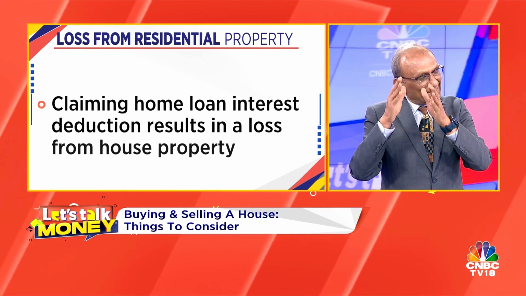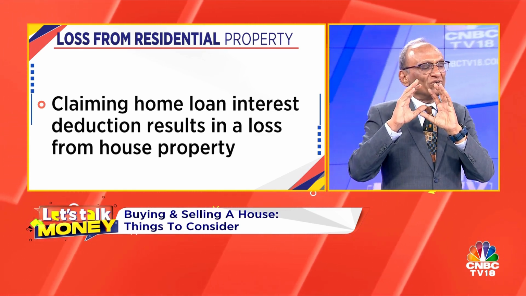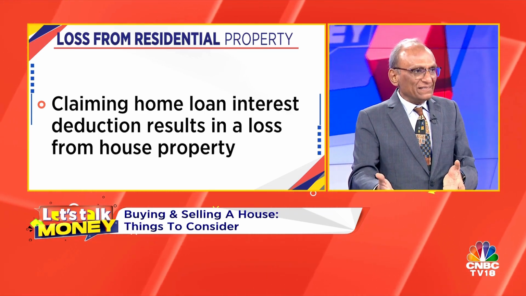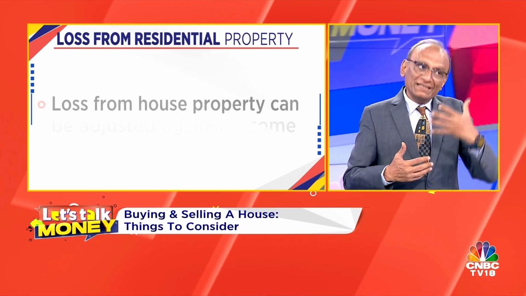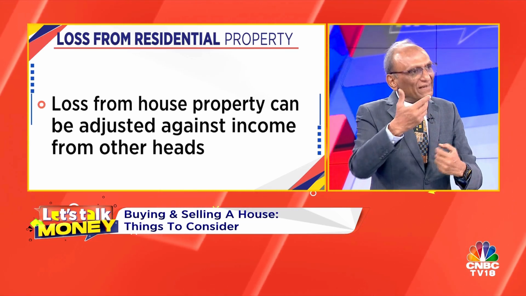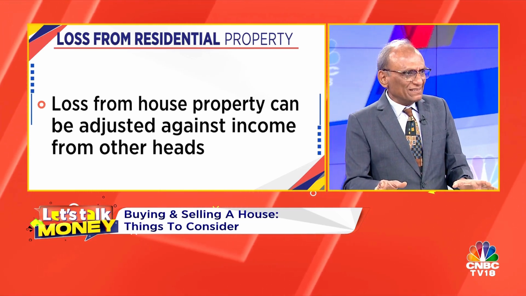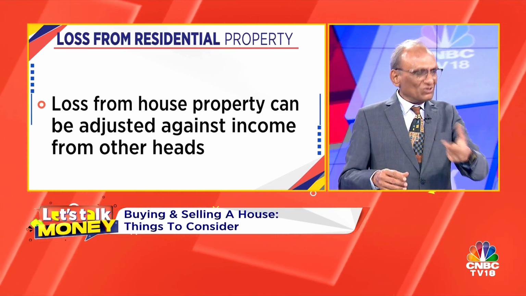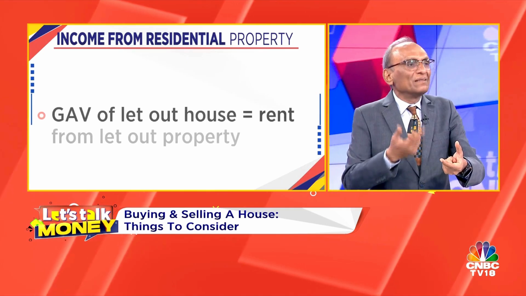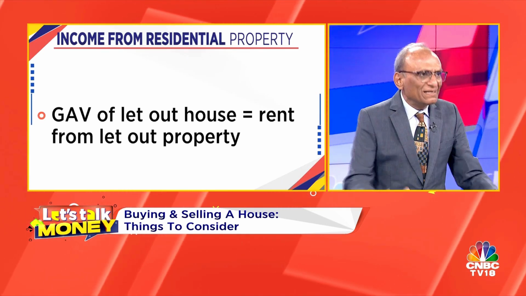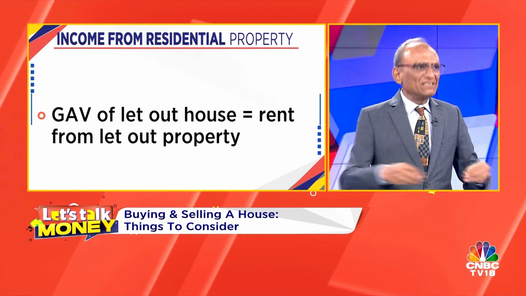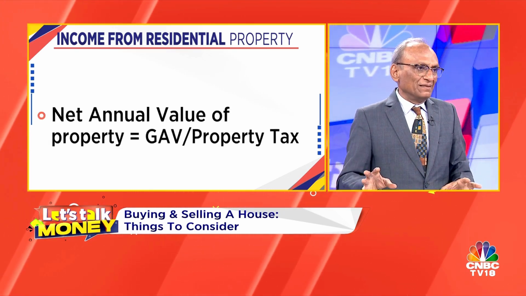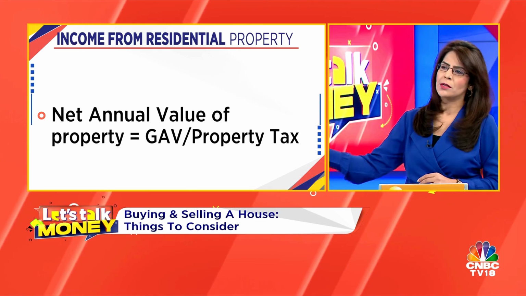In the second leg, we are talking of let out properties, properties on which you're getting rent. There, of course, the rent is taxable. From the rent, you minus the municipal taxes paid for the property. Whatever is the resultant figure, that's called annual value. 30% of that is allowed as a standard deduction for all expenses incurred to manage the property, etc. This is for a house that you have let out, getting rental income from that house.